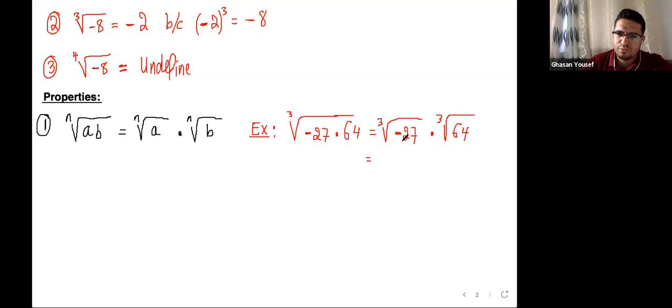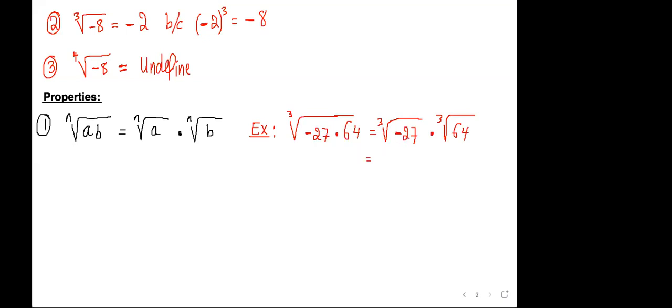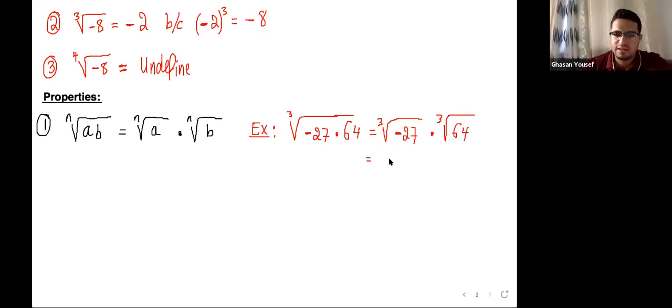What is the cube root of minus 27? Will it be -3 or positive? Yes, this is correct, -3. Why? Because -3 to the power 3 gives me minus 27. -3 times -3 times -3 gives me minus 27 inside. So the answer is -3.